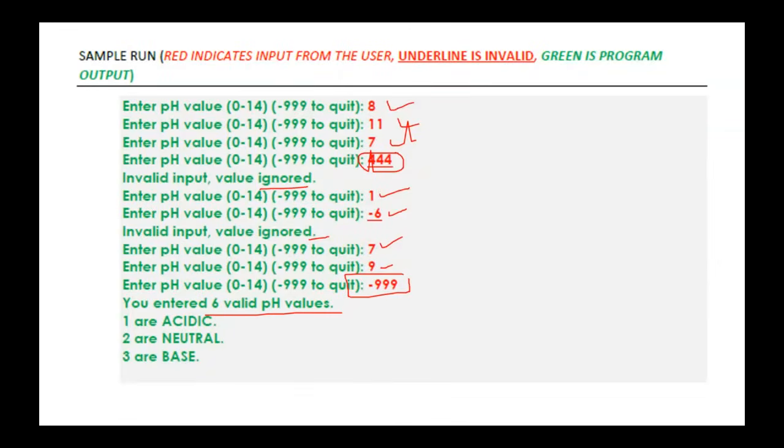You tell me the total, how many acidic, how many neutral, and how many base. So clearly you need some counters inside your code. Do not output the result here. When the user inputs 8, do not tell me anything. Just at the end, tell me what happens. So just keep counters, no output.